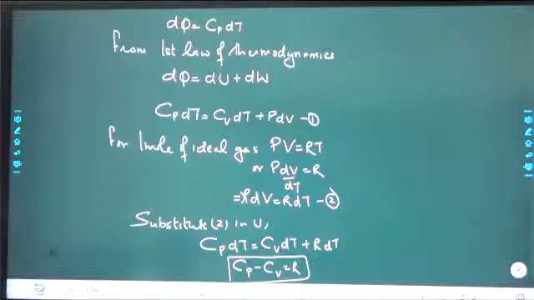An isothermal process is one in which the temperature of the system remains constant.